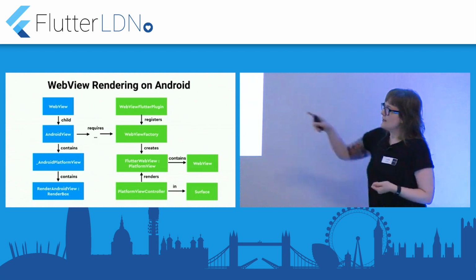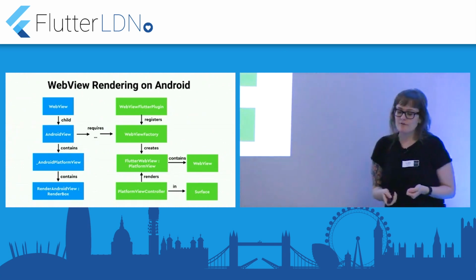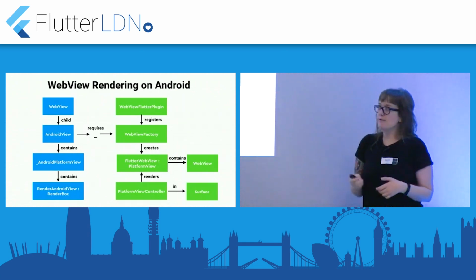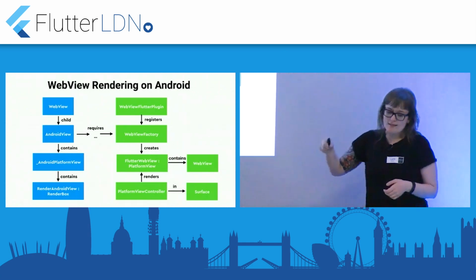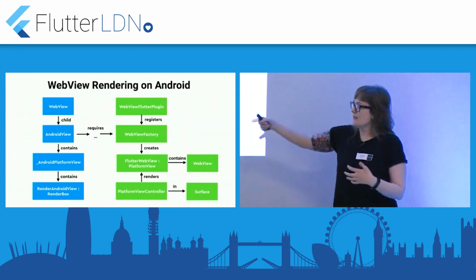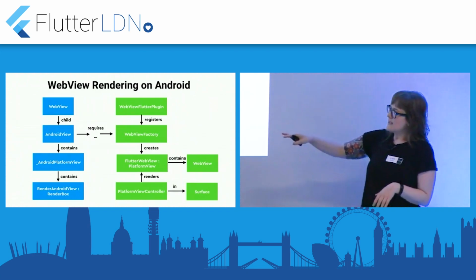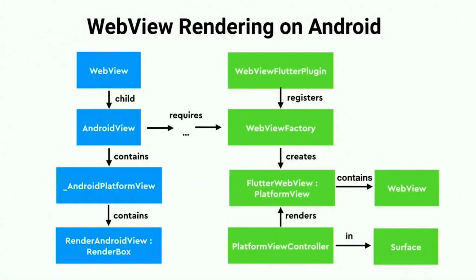So back on the Flutter side, we have our Android view that contains an Android platform view, which is also containing a render Android view. And this is basically a render box. So what a render box does is basically just display things on the screen.